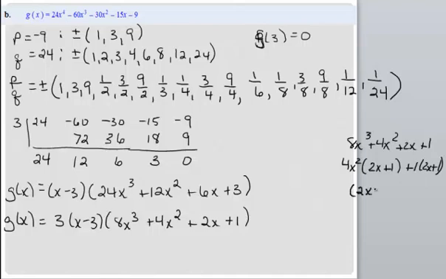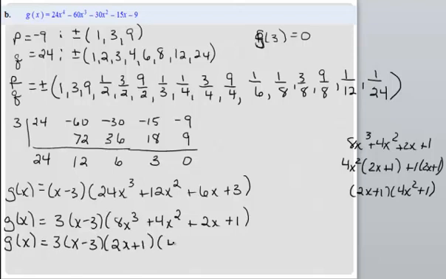Factor out the 2x plus 1 and we're left with 4x squared plus 1. Okay, so far we have this: 3 times x minus 3 times 2x plus 1 times 4x squared plus 1.